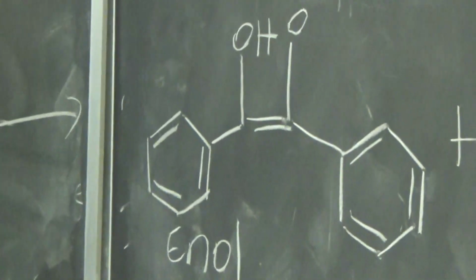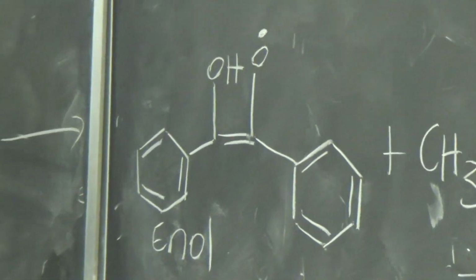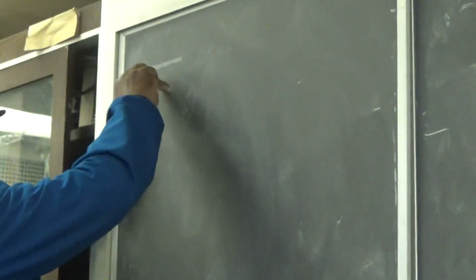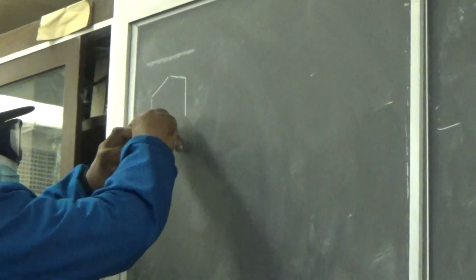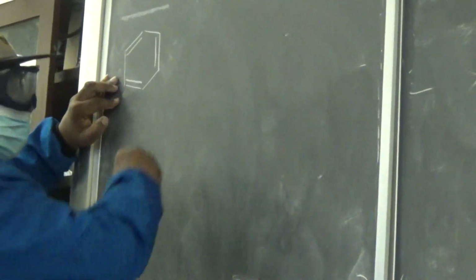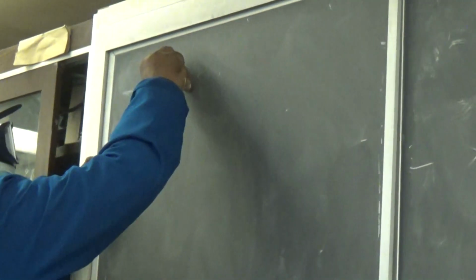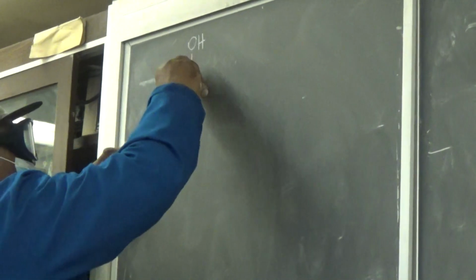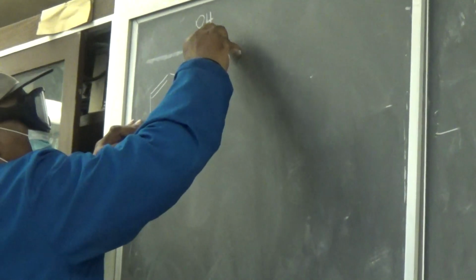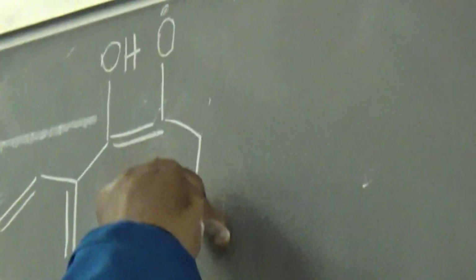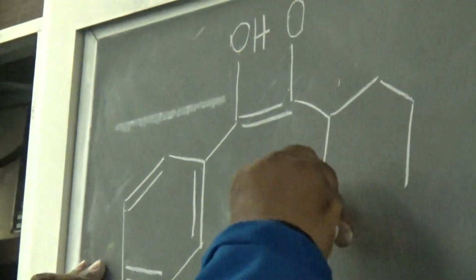So it's the enol, and then there's an oxygen radical. You're just recopying the enol.